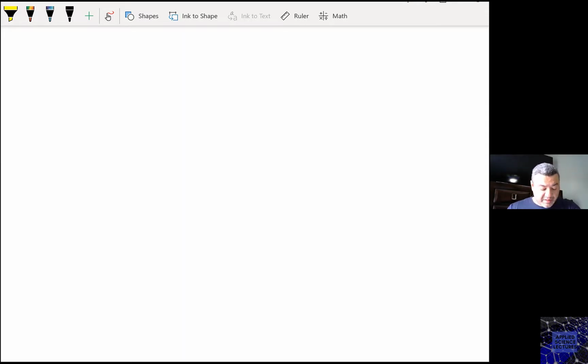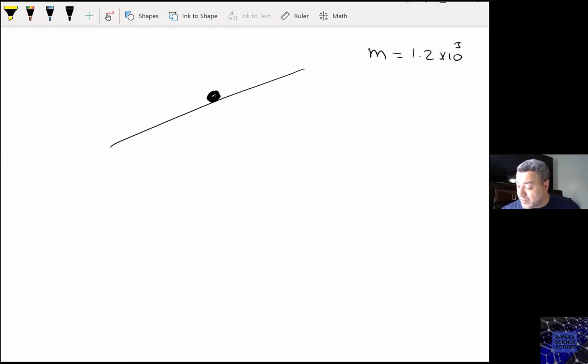Okay, now what we have here is the car, and the mass of the car is 1.2 × 10^3 kilograms.